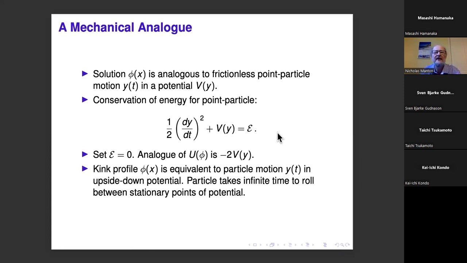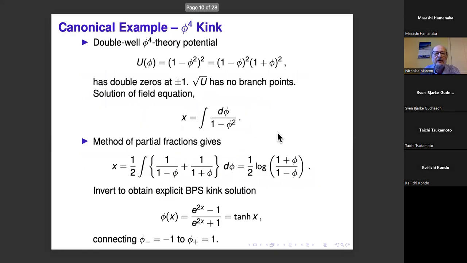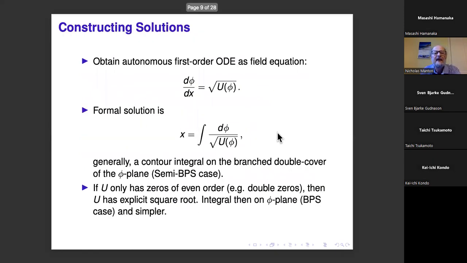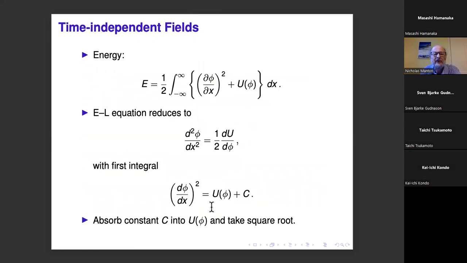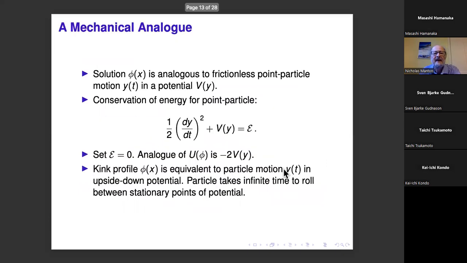This V occurs with the opposite sign to the U that I had earlier. In this equation, U was on the right-hand side with the first derivative squared, and now it's on the left-hand side. That's why in this mechanical analog, you've got to change the sign of the potential. There's also a factor of 2 to worry about. So the analog of U is the inverted potential. And that's very helpful, thinking about this inverted potential, because you can have a feeling for what kind of motion of a particle is possible.